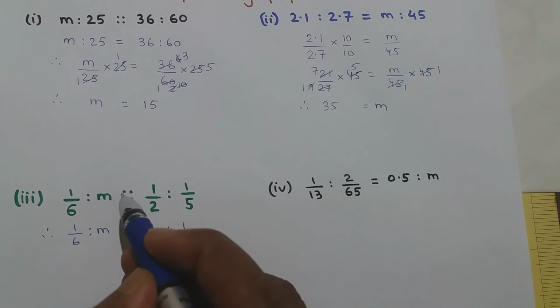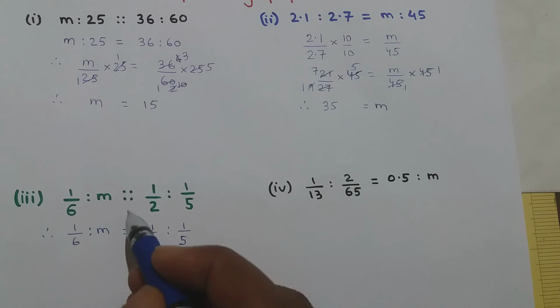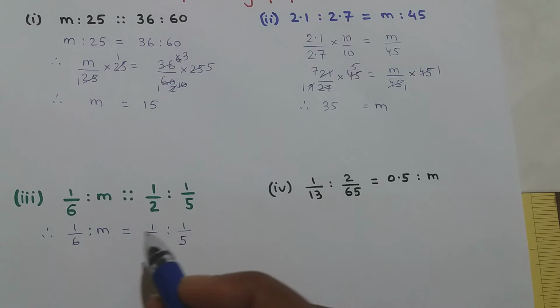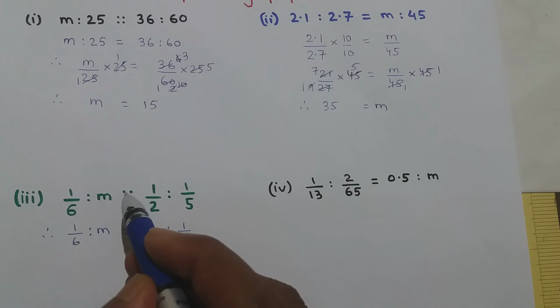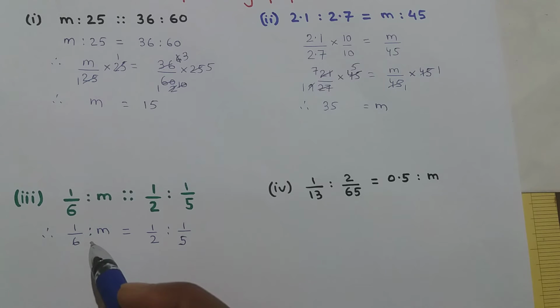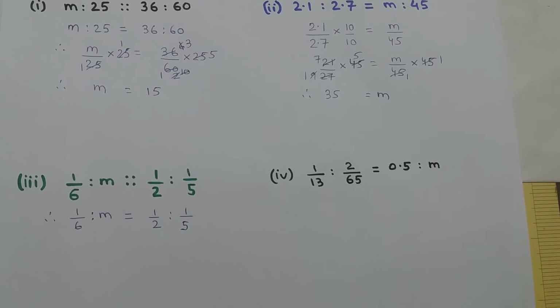Therefore I can replace this proportionality symbol with an equal to symbol. So it becomes 1 upon 6 is to m, that is equal to 1 upon 2 is to 1 upon 5.